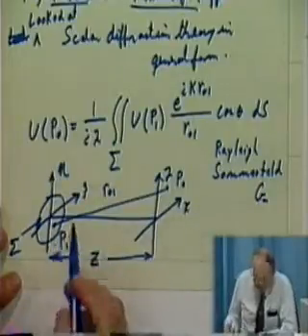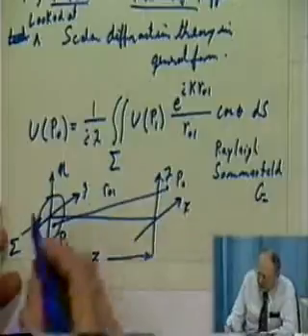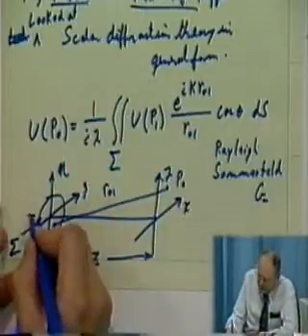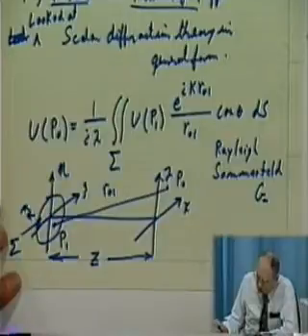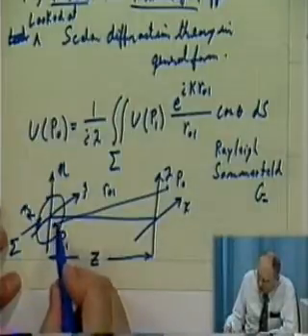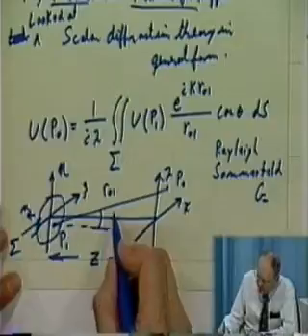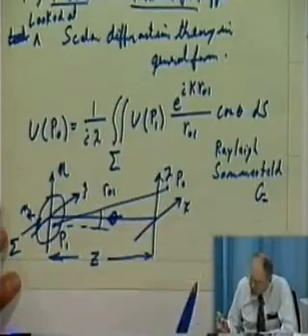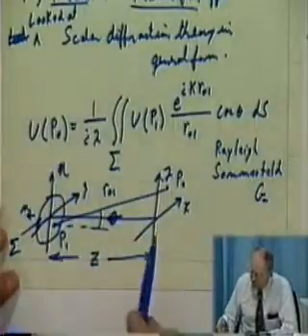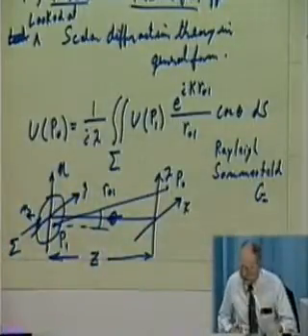This n here, the outward normal, would be out this way. And I guess this theta angle would be here. We see that. So this was the result that we had so far.